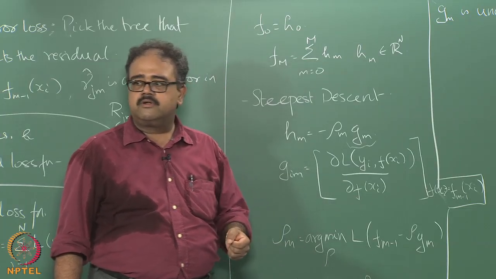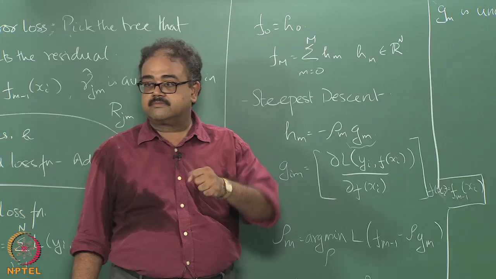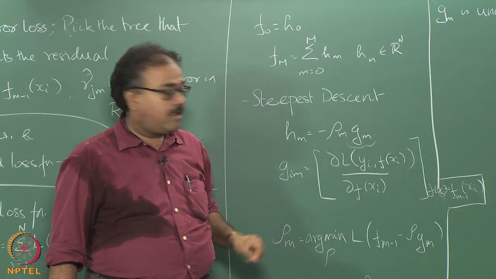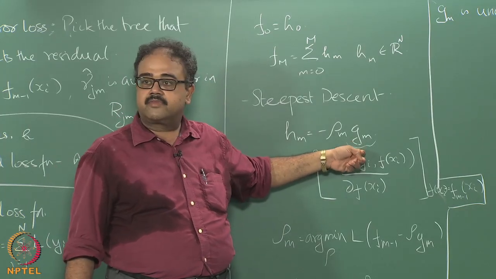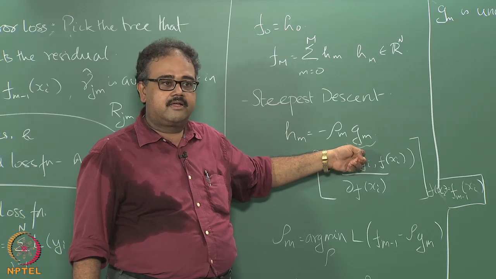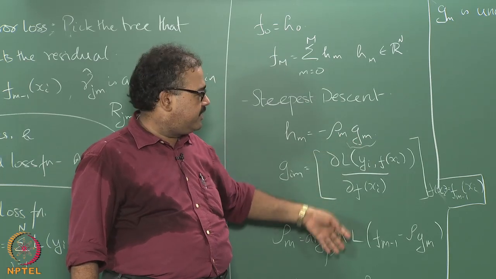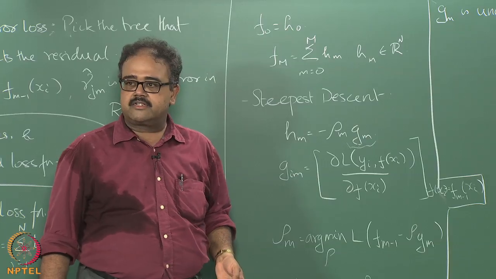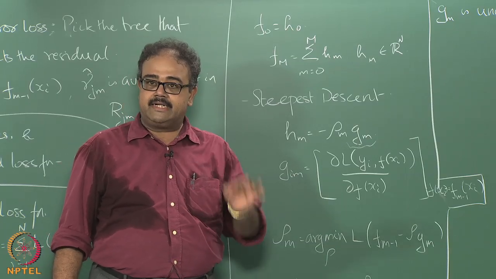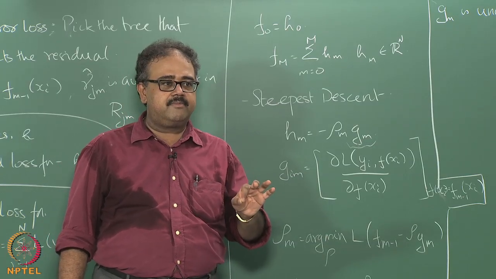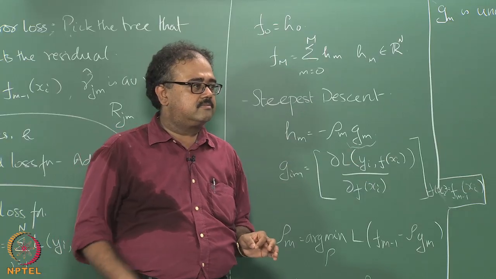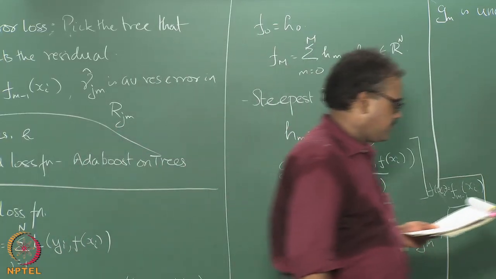So, what I am going to do is I am going to fit a tree. So, what I want to know is GM. If you think about it, I really need to compute GM, and instead of doing this in this arbitrary unconstrained form, I am going to build a tree that approximates GM as closely as possible, okay.